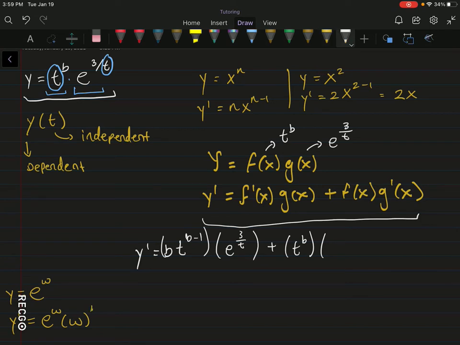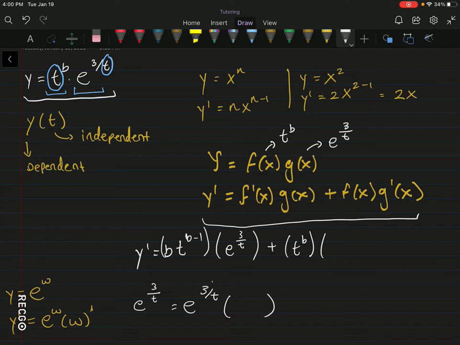So let's go ahead and apply that here. We can do it on the side. Derivative of only e to 3 over t is going to be e to 3 over t, and then the derivative of that.